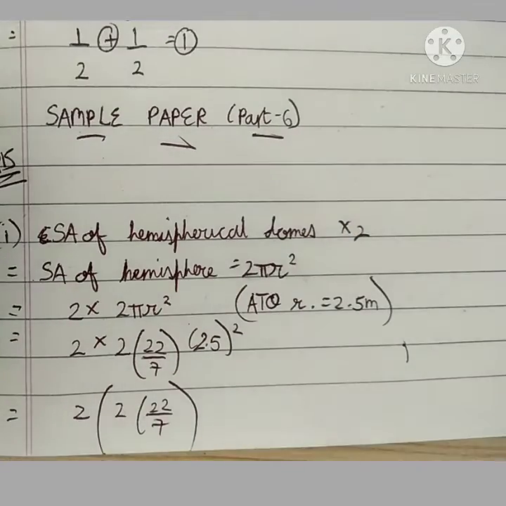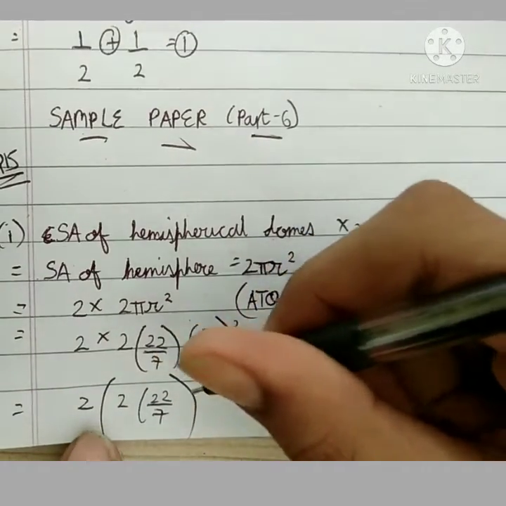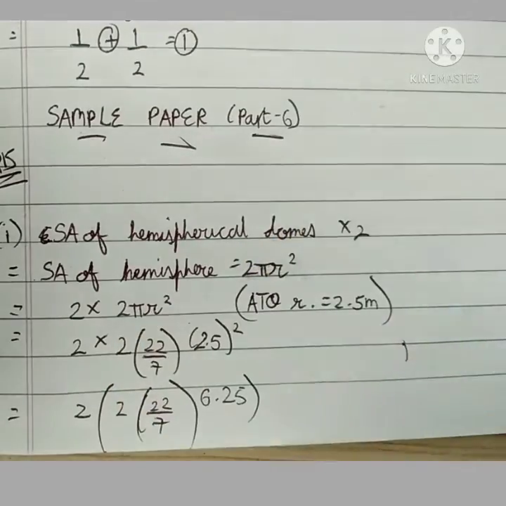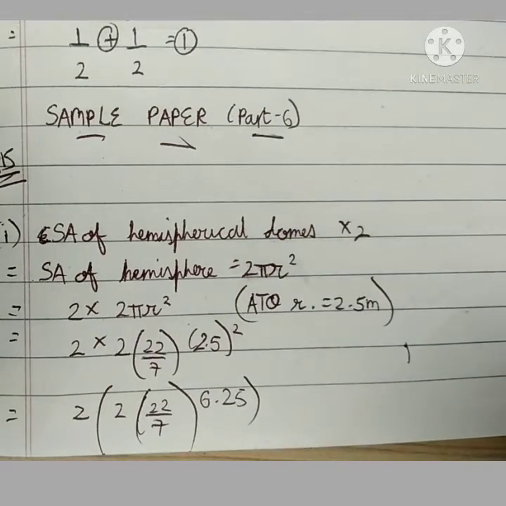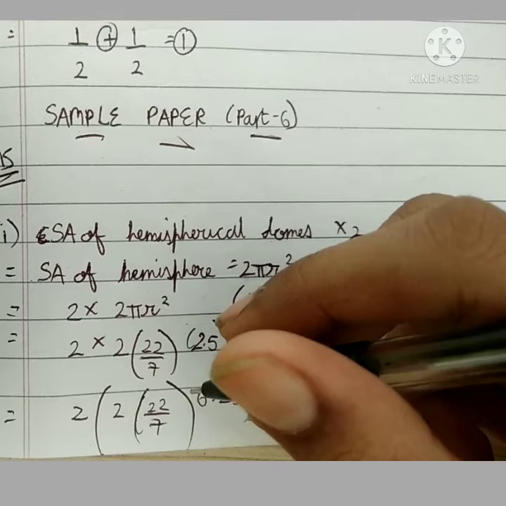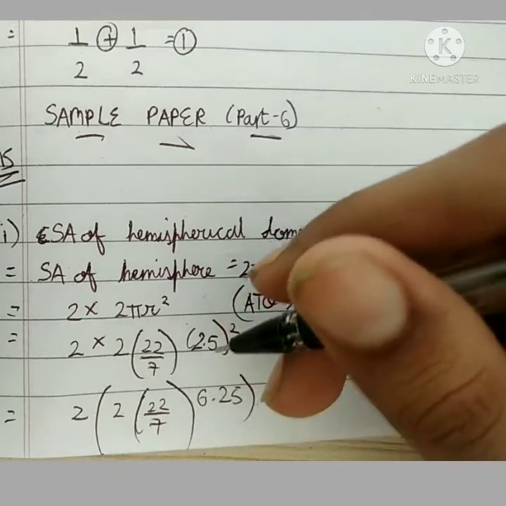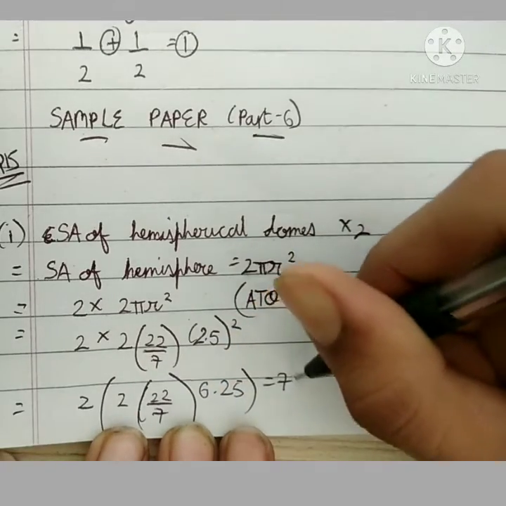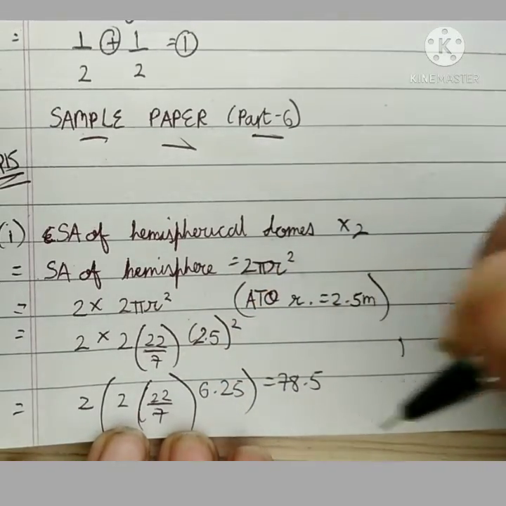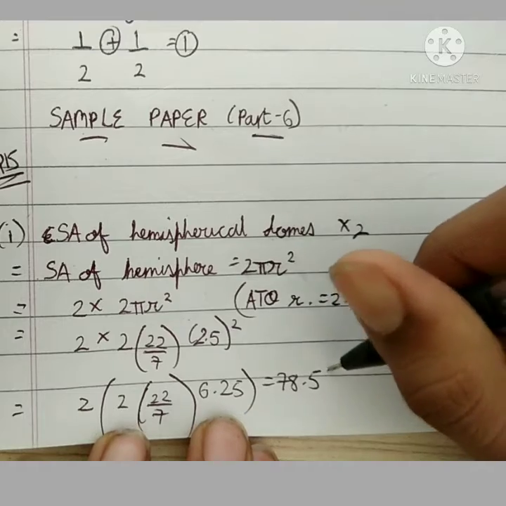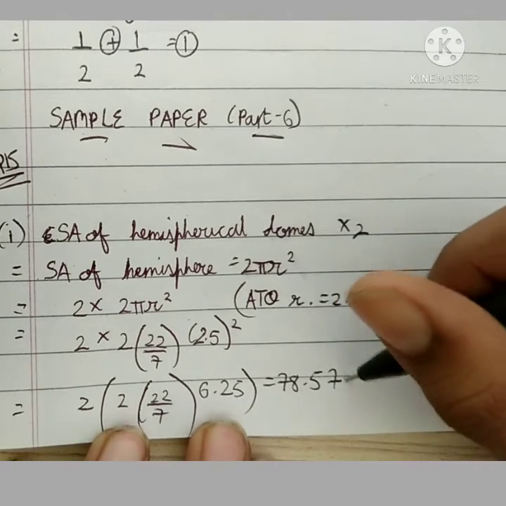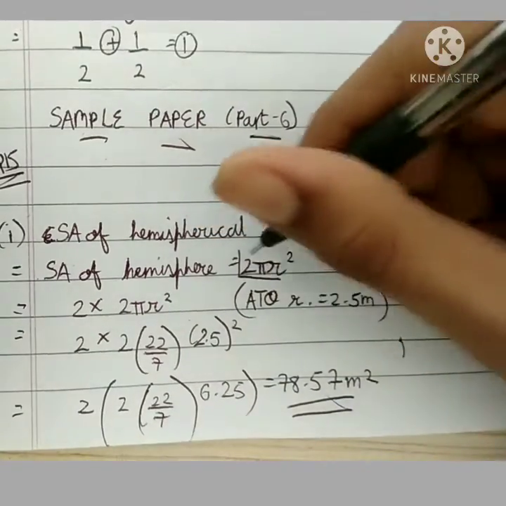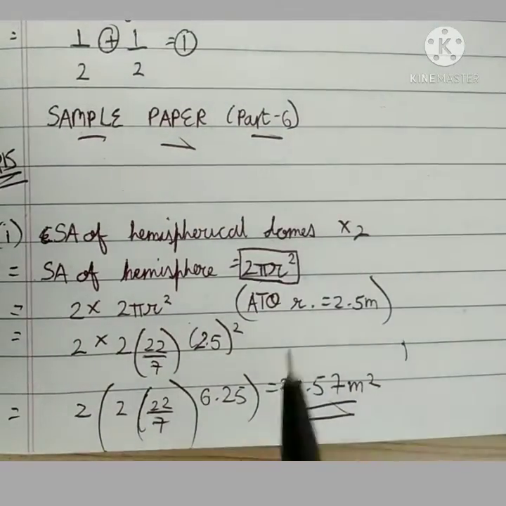So it would be, I guess, 6.25. This and this will get cut, and this and this will get cut. So it would be 78.5, approximately 78.57 meter square. I have to just do the calculation part here, and you have to remember the surface area of the hemisphere. This is 2 pi r square.